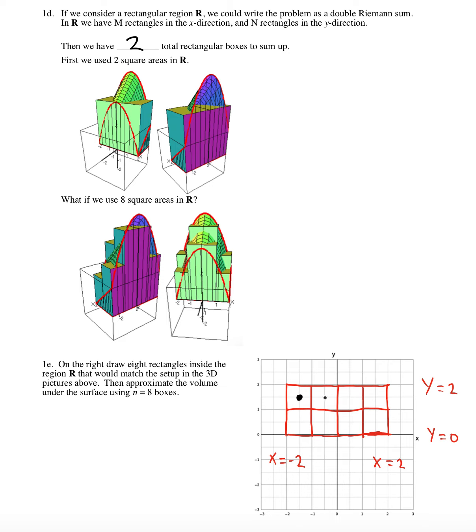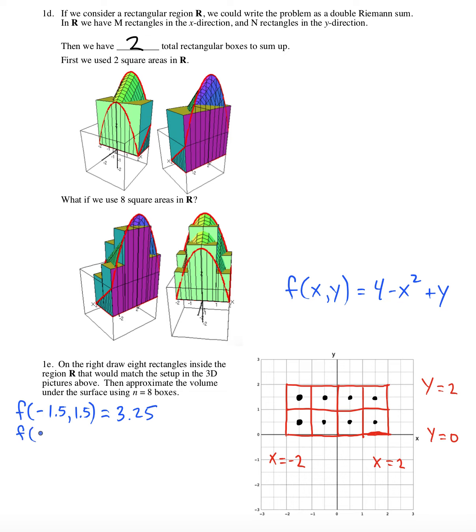Let's identify first the midpoints of each box. Now we'll evaluate the function. We need to find f of -1.5 comma 1.5. And remember, the formula was this. We get 3.25 for that.